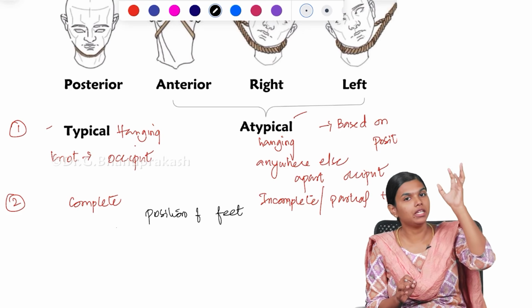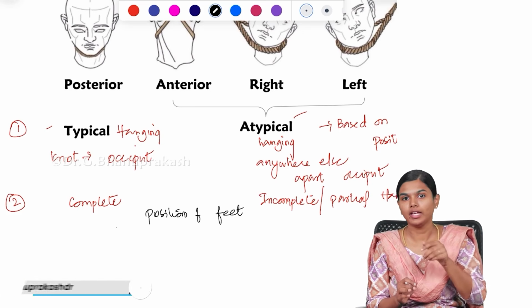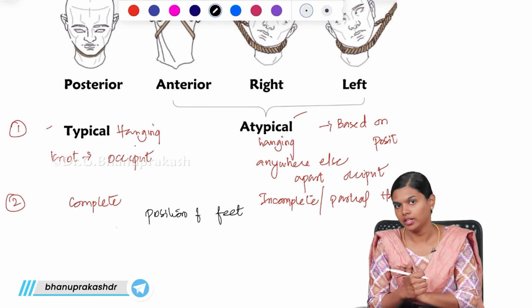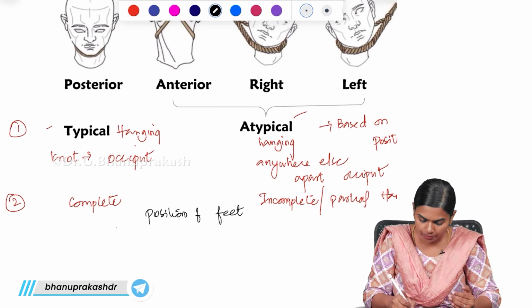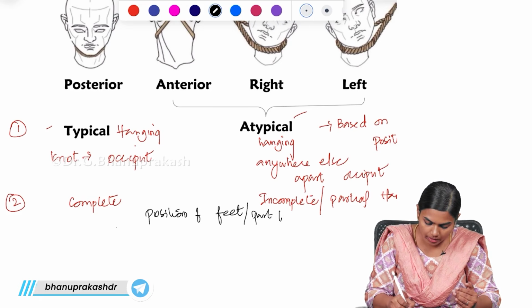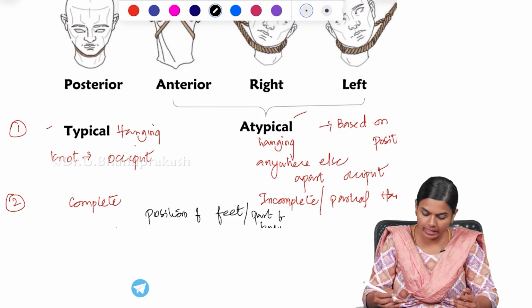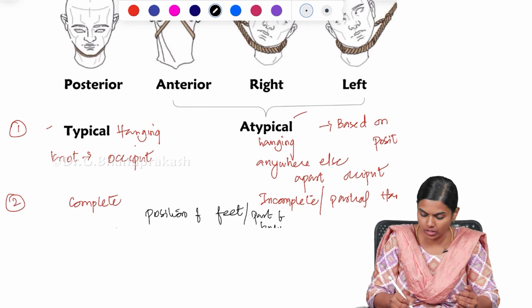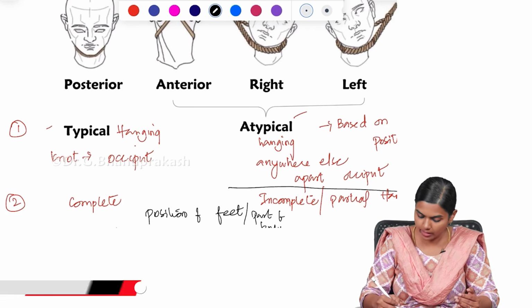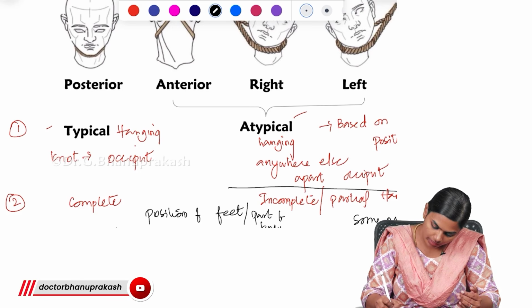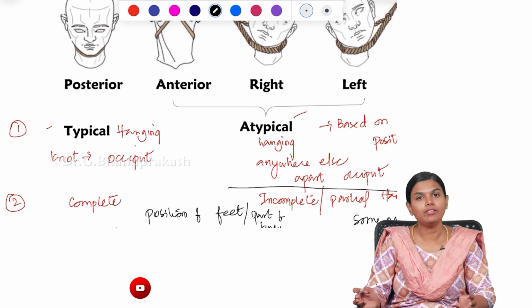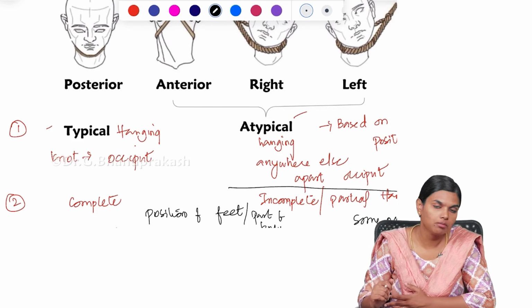That will be complete suspension of the body. Not just the feet, no part of the body will be touching the ground. But in case of incomplete or partial hanging, some part, especially the feet, will be touching the ground. So this kind of hanging we call an incomplete or partial hanging.